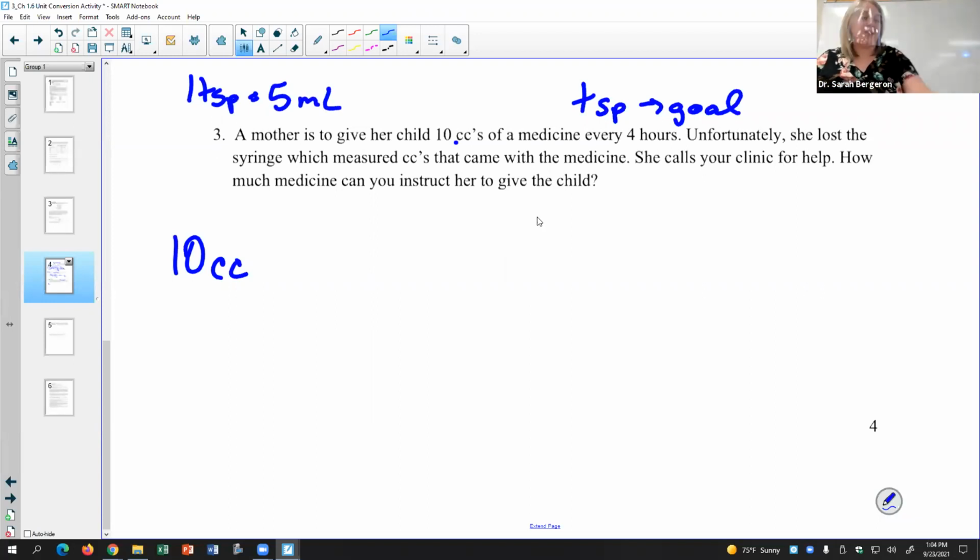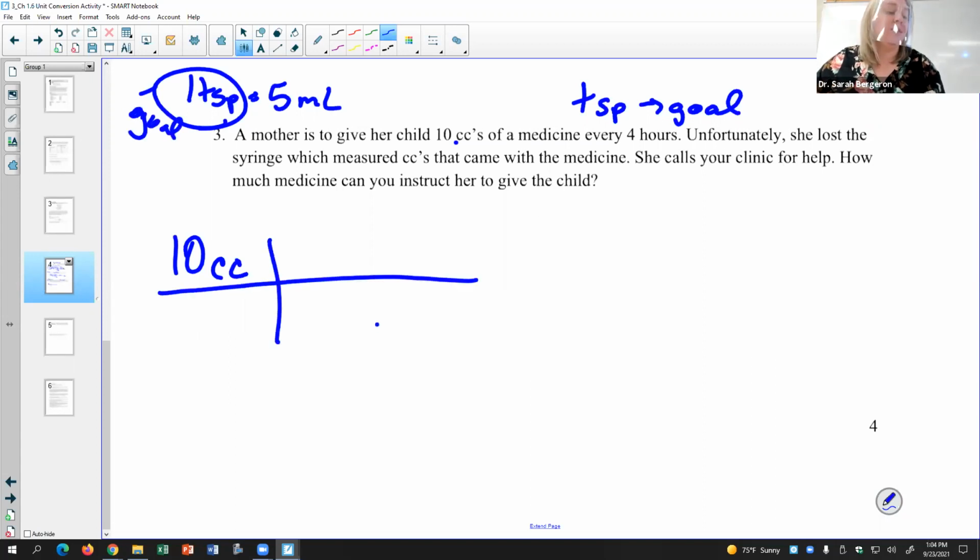That means that in order to get to teaspoons, we're first going to have to get rid of cc's and go to milliliters. Do we have a conversion for that? Yes. What's the conversion? 1 milliliter is equal to 1 cc. It's the definition of a cc.